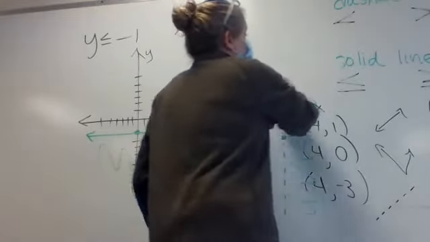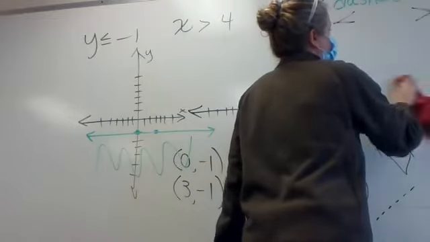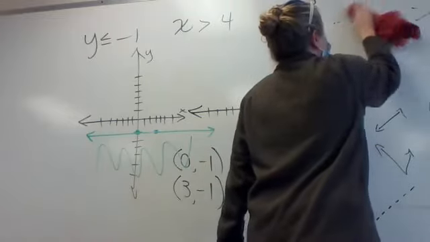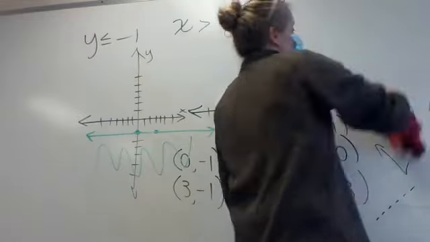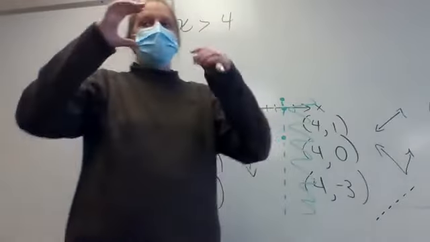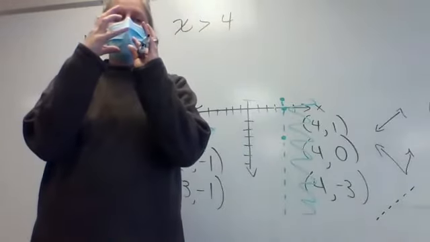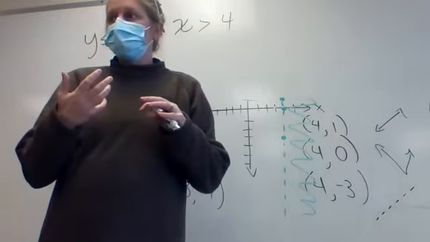All right. Last one. This one's going to have 2 inequalities that it wants you to graph on the same grid. And the answer, and it's going to be a multiple choice, is where the shading of the two inequalities overlaps.